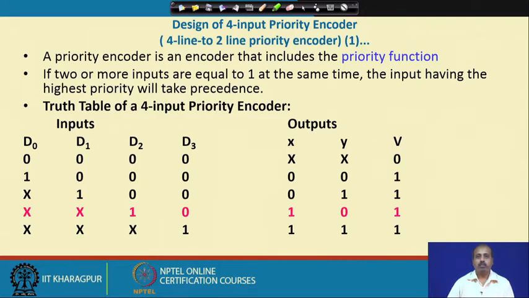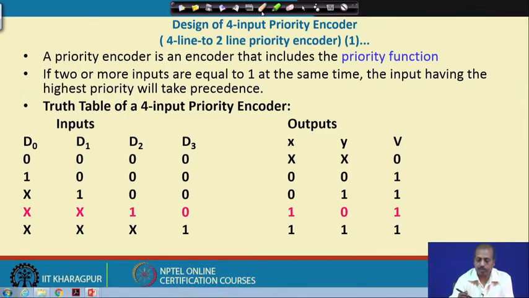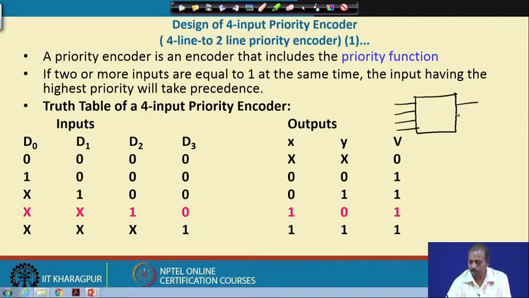But even if they are active, we may want to give priority to some of them. What I mean is that suppose I have a block like this with 4 inputs, and it has 2 outputs.